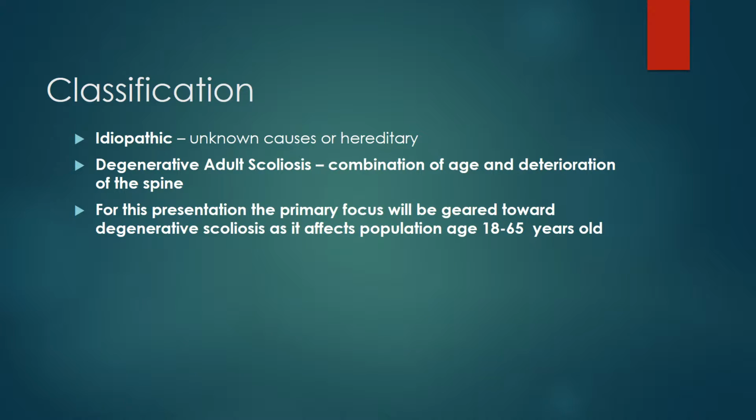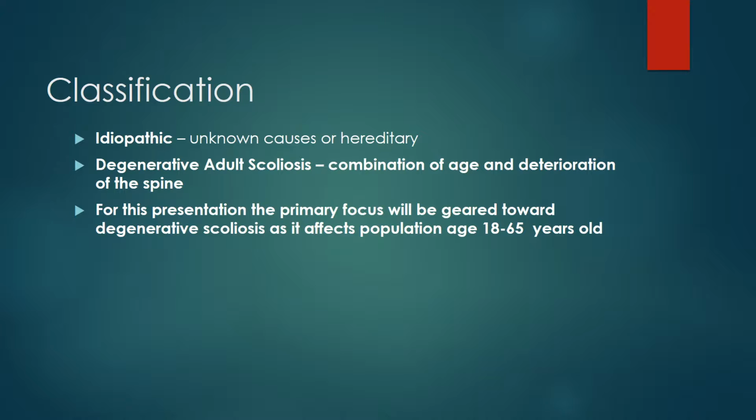Classification. Scoliosis can be classified as either idiopathic, which is of unknown causes, hereditary, or from some other source, or degenerative adult scoliosis, which mainly consists of a degenerative process seen in older adults.